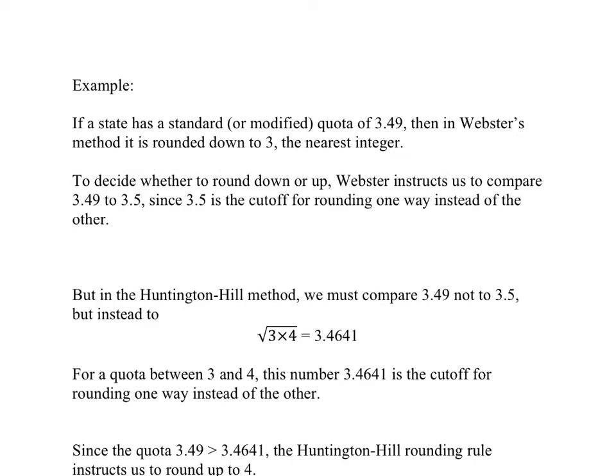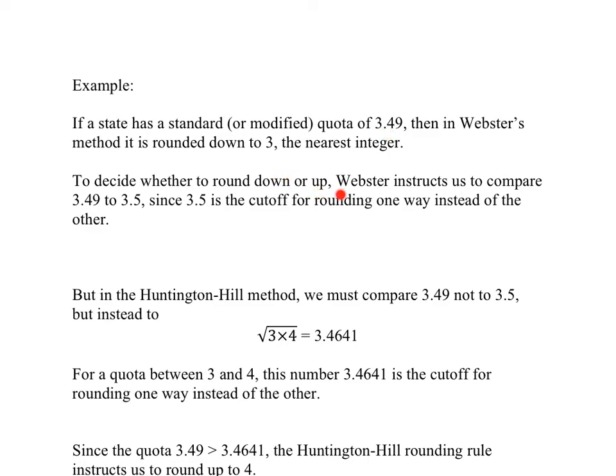Suppose that a state has a standard or modified quota of 3.49. We do our computation of standard quotas or modified quotas, and we come up with 3.49. So in Webster's method, 3.49 is rounded to the nearest integer, and that means down to 3, because we've really compared 3.49 to 3.5.